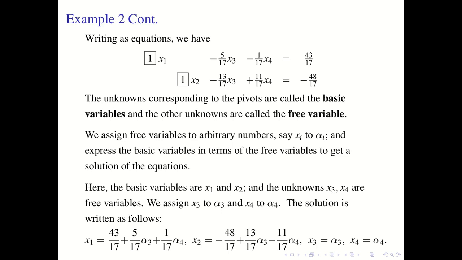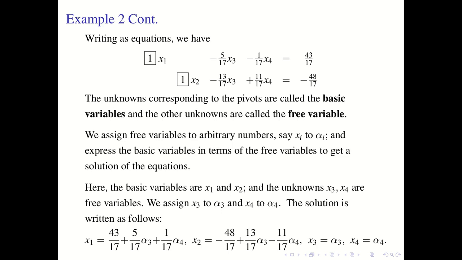From here, how do we proceed? We assign arbitrary numbers to the free variables and then express the basic variables in terms of the free variables, and that gives us, in fact, infinitely many solutions.